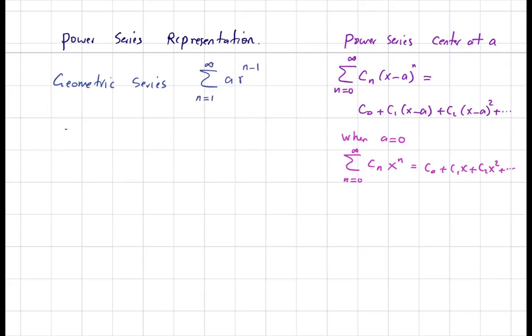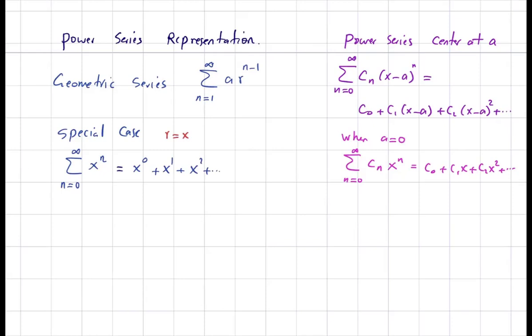In the special case of a power series representing a geometric series, if you have the summation of x to the power n, your ratio is equal to x. This can be written with n starting from 0 and going to infinity: x to the power 0 plus x to the first power, x to the second power, dot, dot, dot.